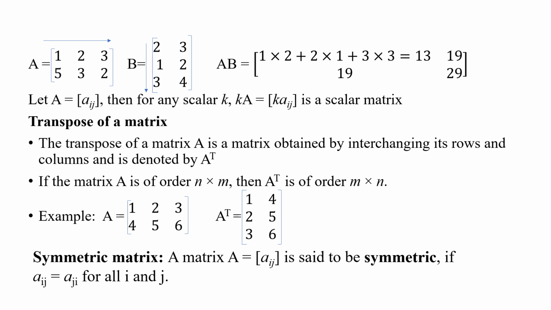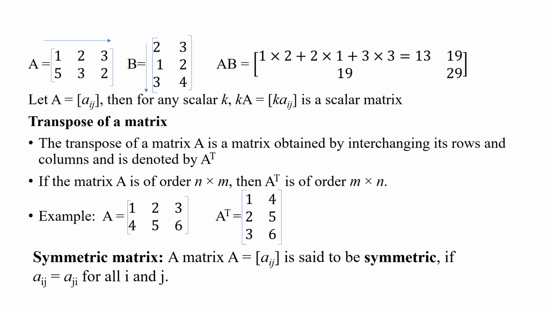Now I have given an example, a 2 by 3 matrix, that is 2 rows and 3 columns. 1, 2, 3 are the first row elements. 4, 5, 6 are the second row elements of A. Now I am taking the transpose. The first row 1, 2, 3 is interchanged to the first column of A transpose.